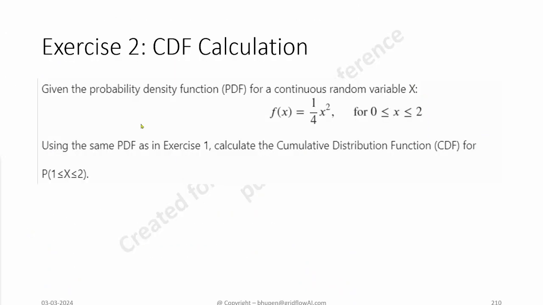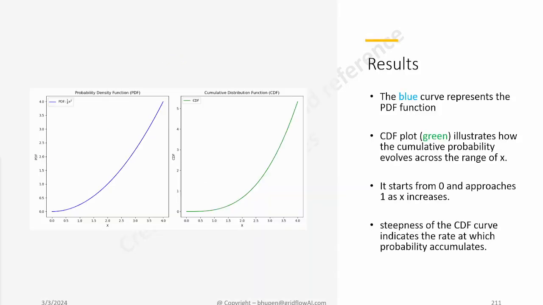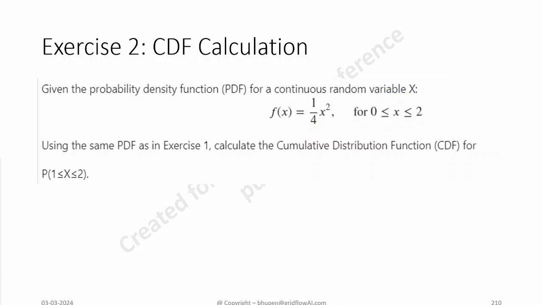Okay, so let's move on here. Exercise 2. Now, we talked about PDF and there is something called CDF. CDF means cumulative density function. So why do we need this? Let me illustrate again.